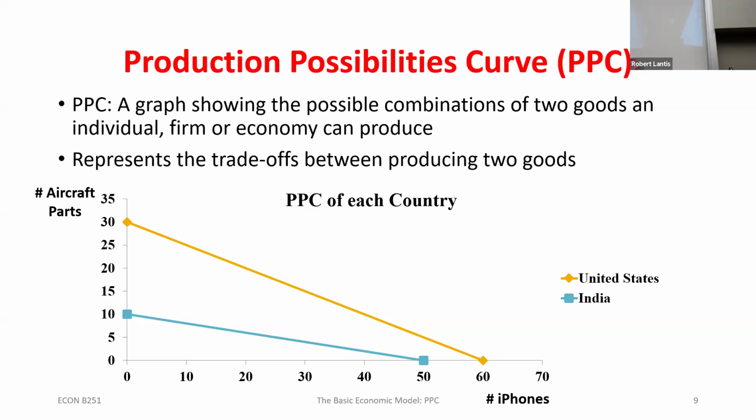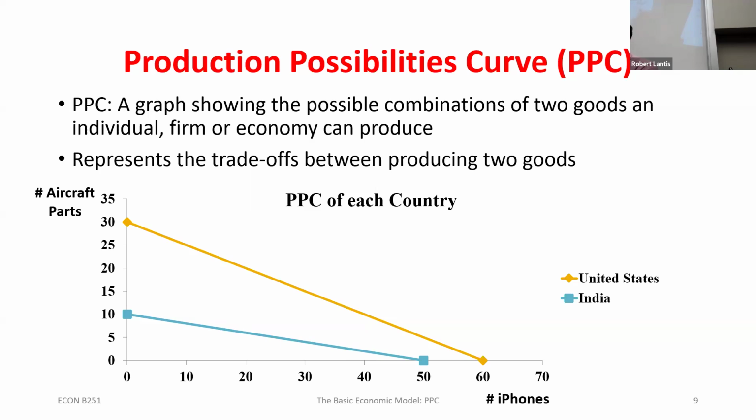Or how we would usually phrase it, the cost of one aircraft part is 2. What are we giving up 2 of? Producing 2 iPhones. Okay. I could then do the exact same thing for India. Theirs would be 50 over 10, or -5, or the cost to India.